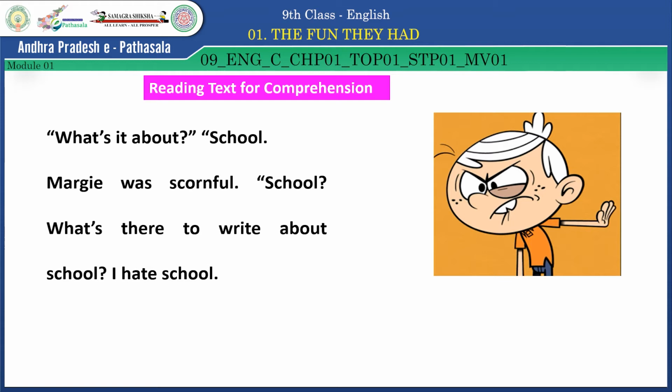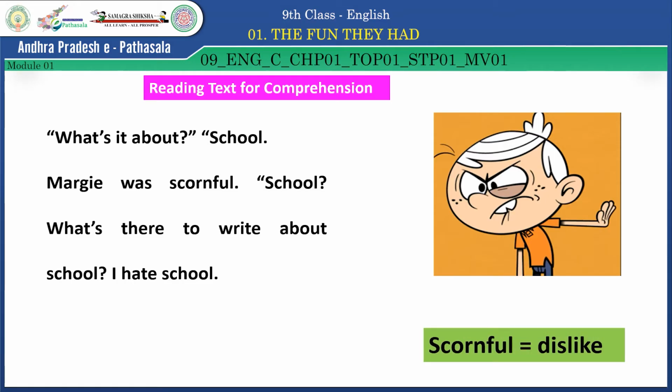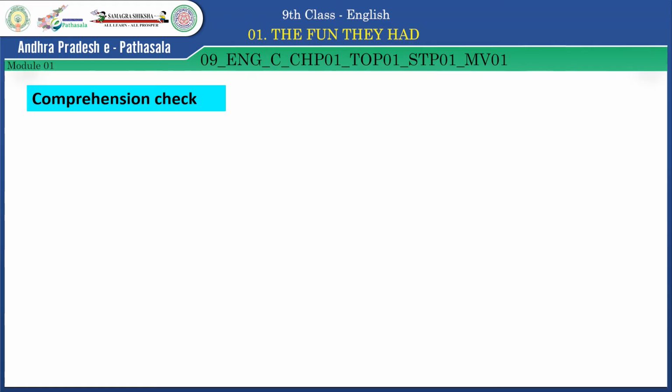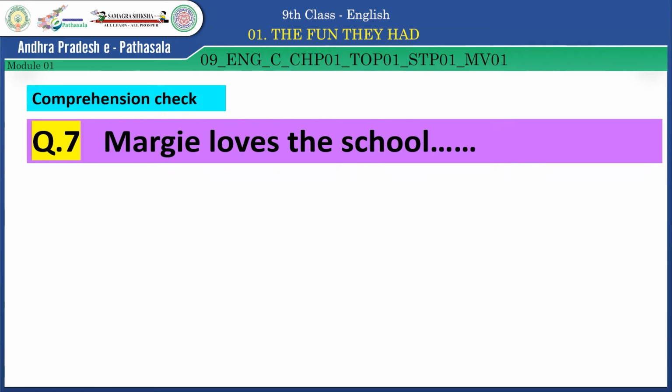Here, Margie is asking Tommy what the book is about, and Tommy replies that the book is about the school. By listening to the word school, Margie becomes very scornful because she hates school. Scornful means dislike. What do you say? Margie loves the school.